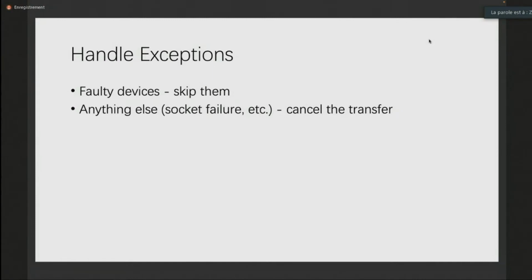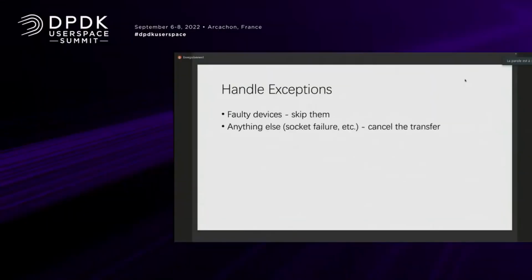This process may look a little bit complex, but really, if anything goes wrong, we just need to cancel the transfer and do nothing else dramatic, because the old process is still running, and the transfer is just happening.